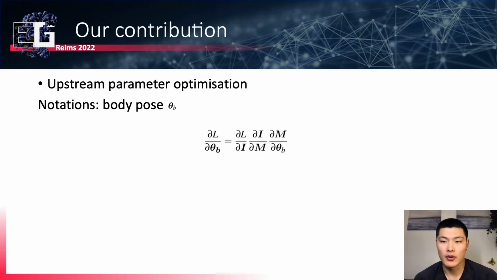This is why we contribute our first technique, called upstream parameter optimization. In this technique, exploiting the fact that both Redner and SMPLify-X are end-to-end differentiable and the fact that we pipeline the two methods in our scheme, we backpropagate the inverse rendering error all the way up to the body pose parameter denoted theta body. In theory, it is possible to calculate the backpropagated derivatives thanks to the chain rule we see in the slide. In practice, these are simply computed with automatic differentiation, since both Redner and SMPLify-X are implemented in PyTorch.